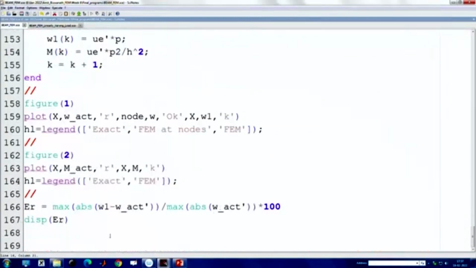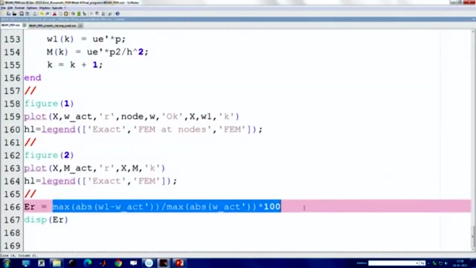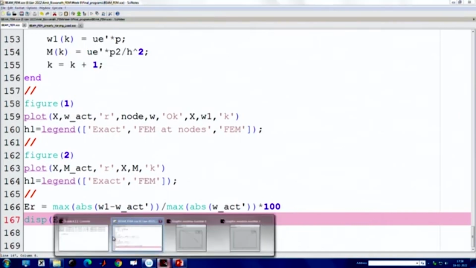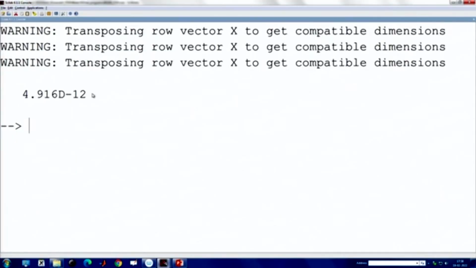This error is whatever values you obtain from finite element, and we know the exact values, the difference and the percentage difference give you the error. Okay. And what is the error for this? You see, the error for this problem is 0. It is actually 0.